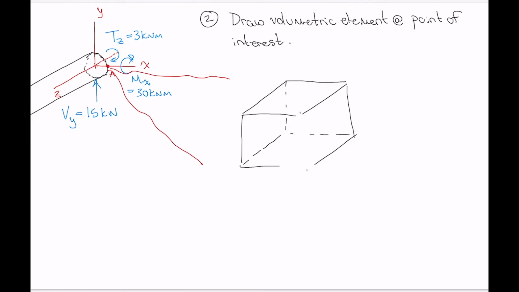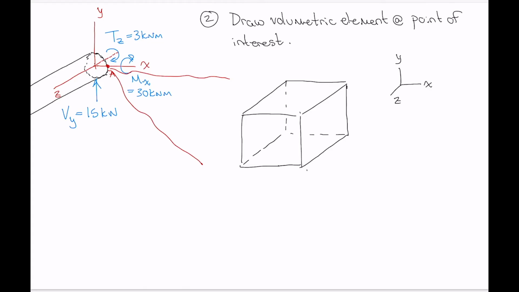Let's try and make that side a little bit better. There we go. So that's a little bit of material that exists at point A. Now let's put on our coordinate system over here, so we remember which directions are which. So we've got X, Y, and Z here.